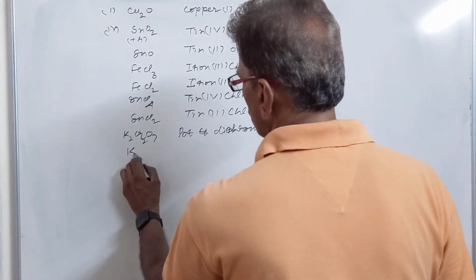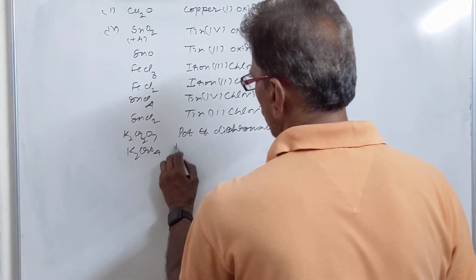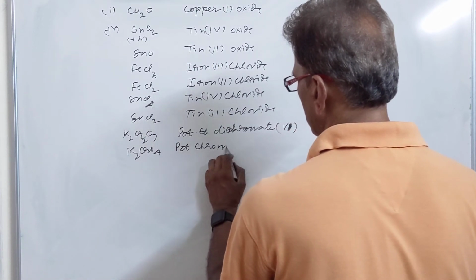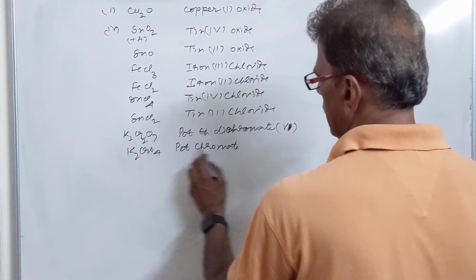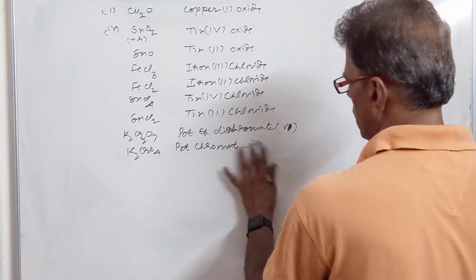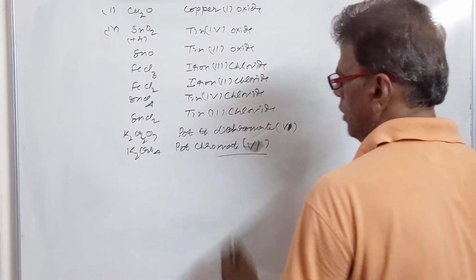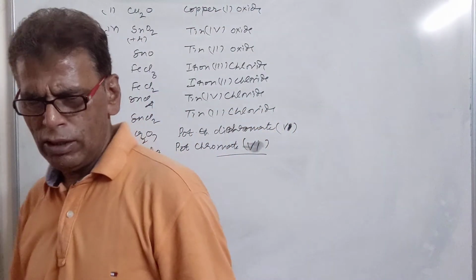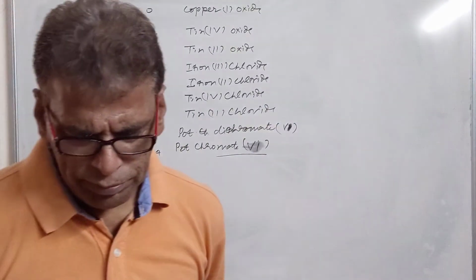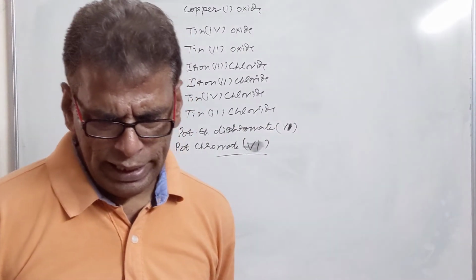Then we have K2CrO4, potassium chromate. Here Cr is again in +6. So we are mentioning the oxidation number after the name of the metal.